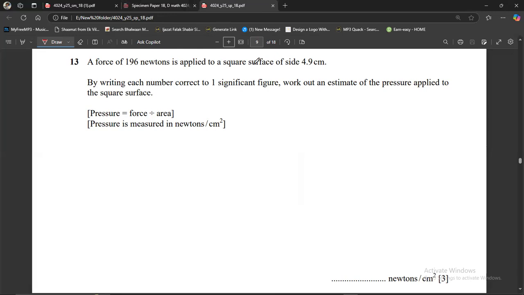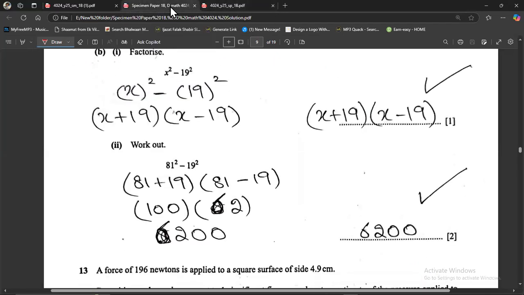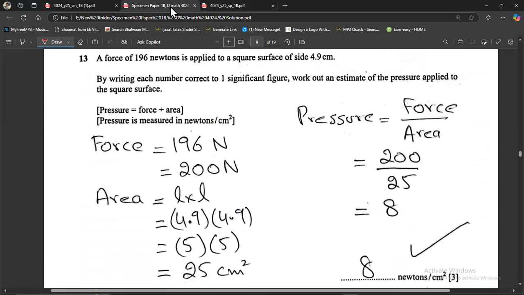First of all, I will find the area of this square surface. That is L multiplied by L, so 4.9 multiplied by 4.9. The pressure will be equal to force divided by area. The force is 196 Newtons. When I write it to one significant figure, it becomes 200 Newton.